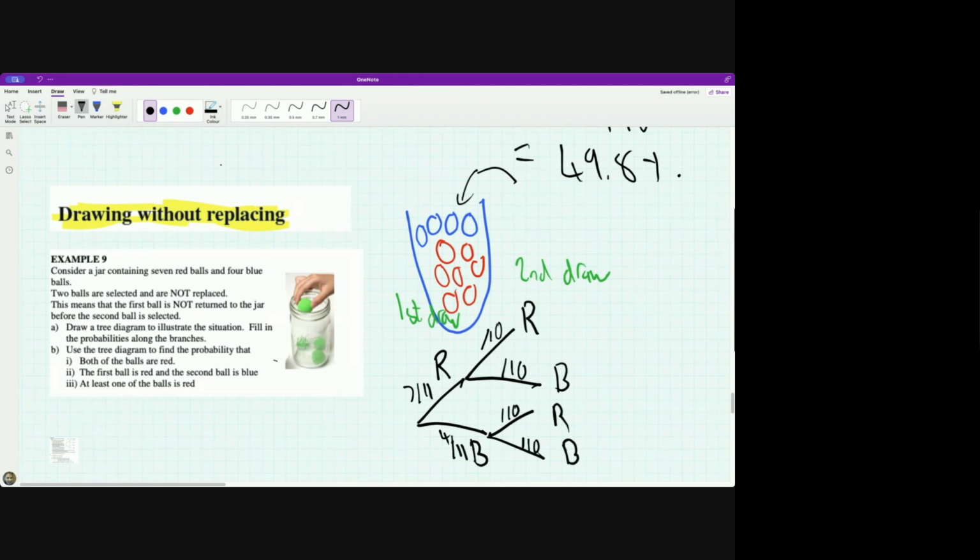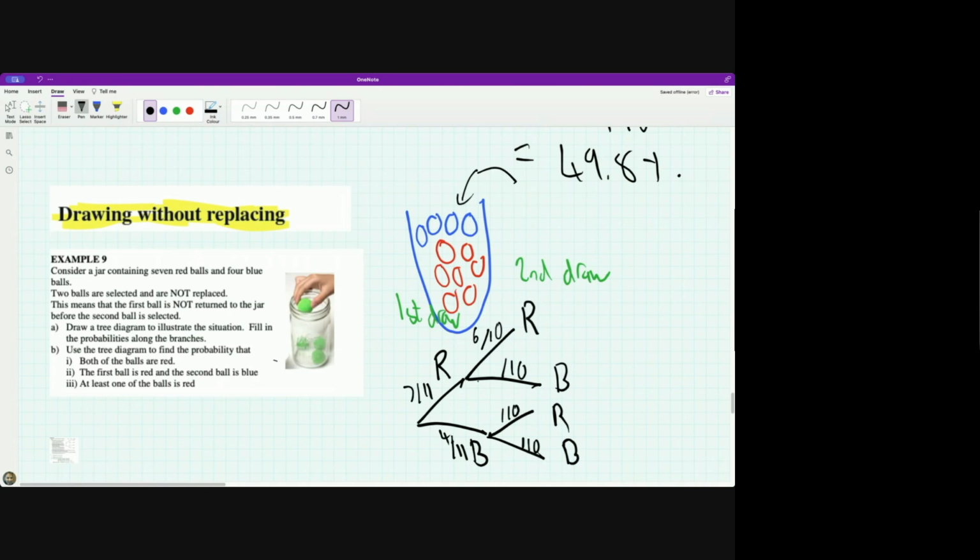Okay, now, assuming I chose a red on the first go, so I'm on this pathway. If I took out a red on the first, how many reds are left out of those 10? So basically, I chose red. I'm starting at the top. I've got 10 left. How many reds are left inside the hat? Well, because there were 7 to start with, and I took one out, this is going to be 6 out of 10.